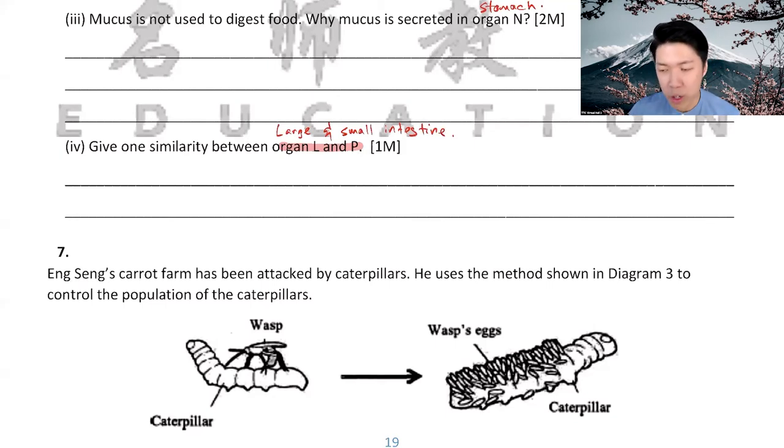This I will go for a secondary answer if you all want to, but since we only have 1 mark, if you want an extra one, you can write both organs absorb nutrient into the bloodstream. Okay, let me do that for you also. There you go.